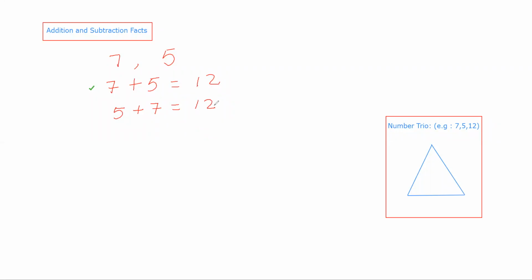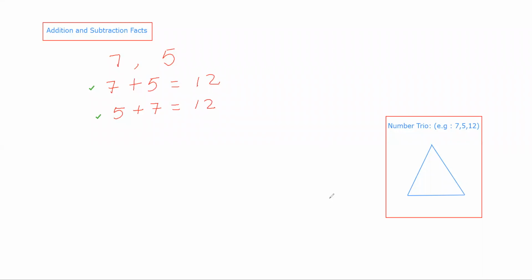So this is the first property of addition, which tells us that no matter in what order you are adding two numbers, you will get the same answer. So if you do 7 plus 5, you get 12, or if you do 5 plus 7, you will get the same answer. Okay? So these are my two addition facts of the same number trio 7, 5, 12.